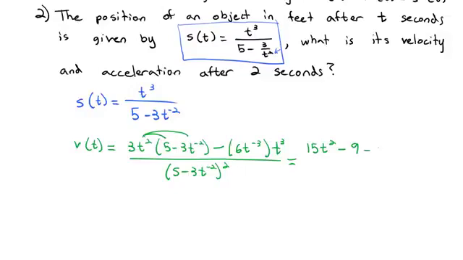And then minus 6, and we have 0 t's. Since we have negative 9 minus 6, I'm going to write that as negative 15. Over, and I'm going to go ahead and square this out. We've got 25 minus 30t to the negative 2 plus 9t to the negative 4.